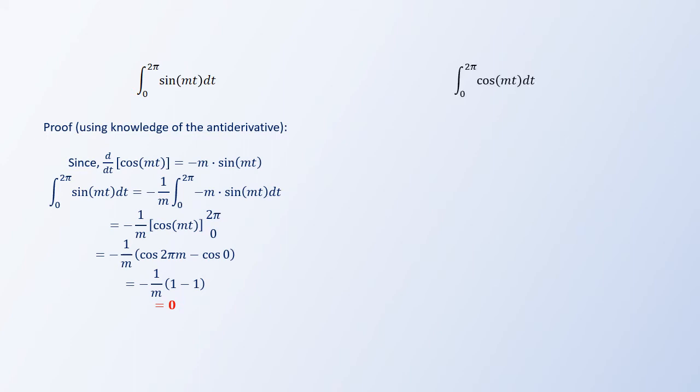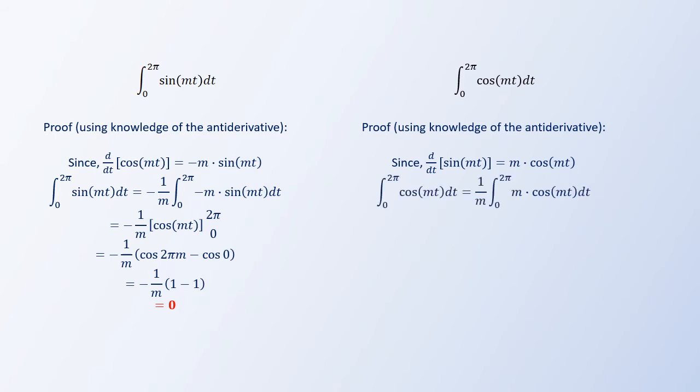So let's also look at the integral from 0 to 2 pi of cosine mt. We're going to use the same strategy here. We're going to look at the antiderivative. Well, we know that the derivative of sine of mt is m times cosine of mt. So we use the same trick there, and we say that the integral from 0 to 2 pi of cosine of mt will be m cosine mt on the inside, but then we have to put a 1 over m on the outside to make it equivalent.